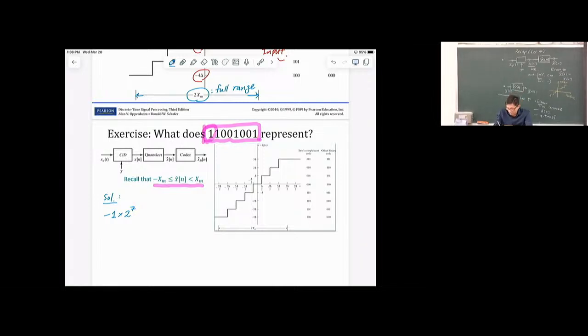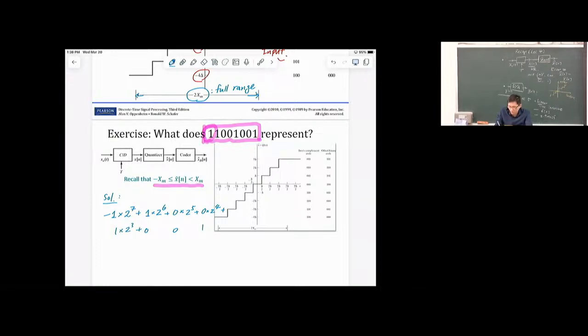But actually, the rest is all summation: 1 times 2 to the 6th power, plus 0 times 2 to the 5th power, plus 0 times 2 to the 4th power, and plus 1, 0, 0, 1.